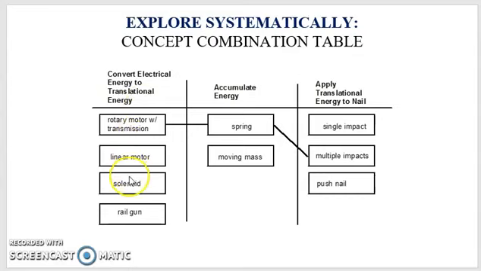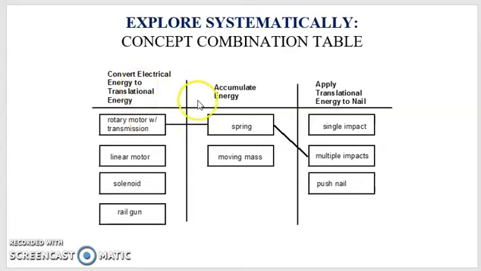The columns in the table correspond to the sub-problems identified earlier: convert electrical energy to translational energy, accumulate the energy, and apply translational energy to the nail. The entries in each column correspond to the solution fragments for each of these sub-problems derived from internal and external search. For example, the sub-problem of converting electrical energy to translational energy is the heading of the first column.